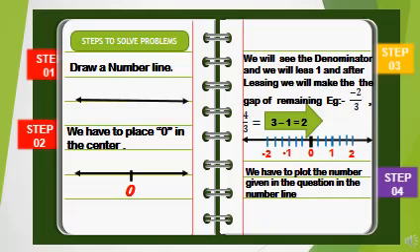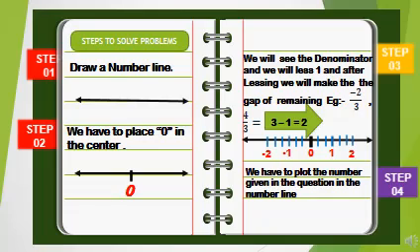After 0, we will leave a gap of 2 units because our answer was 2. We will leave 2 lines, and on the third line we will write our number 1.